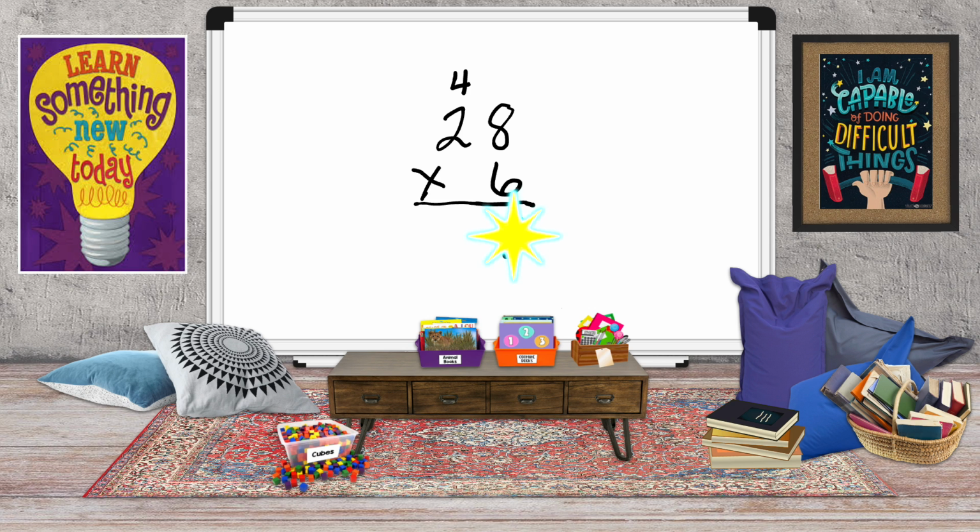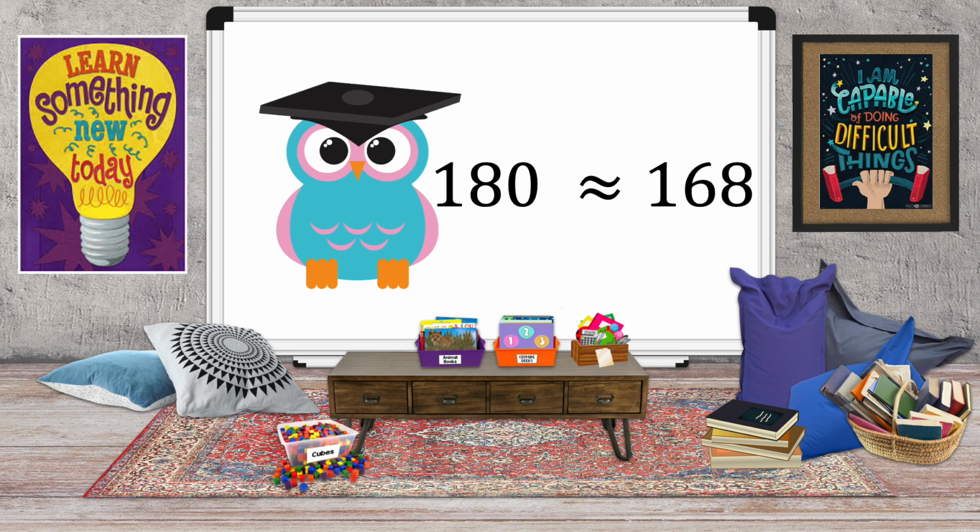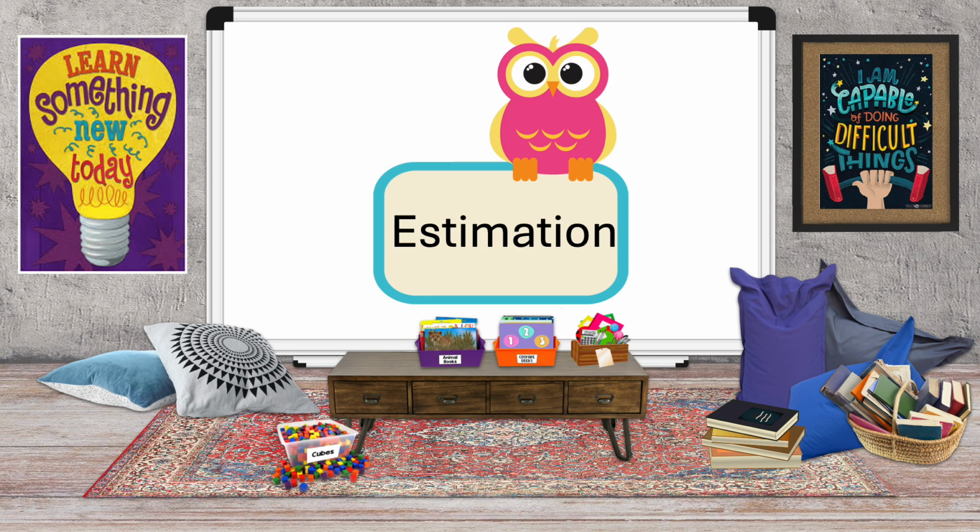Bring down our 8 ones, regroup our 4 tens. 6 times 2 tens is 12 tens, plus 4 is 16 tens. Bring down the 16. 28 times 6 equals 168. Our estimate is 180 and the real answer is 168. That's pretty close. Estimation helped us get a ballpark answer quickly.